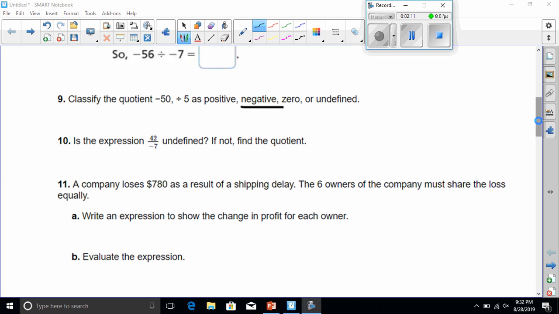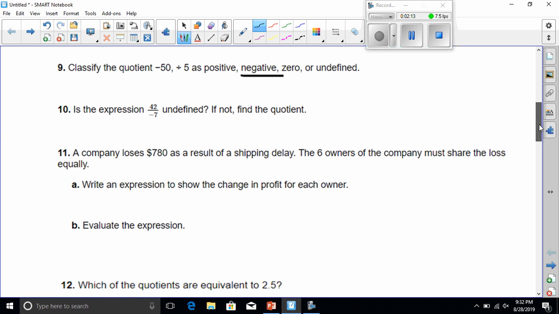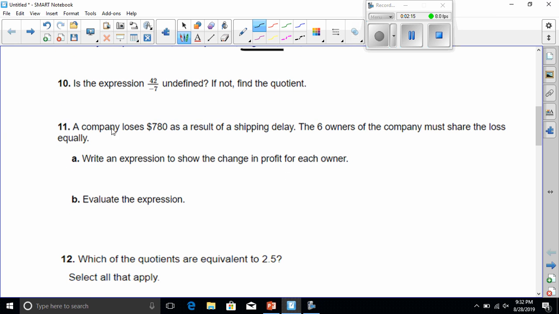So I say that was negative. All right, now we got number 11. Number 11 says a company loses $780 as a result of shipping delays. So loses, that's going to be a negative 780 there. The 6 owners of the company must share the loss equally. So each of them are going to get a share of this loss. Write an expression to show the change in profit for each owner.